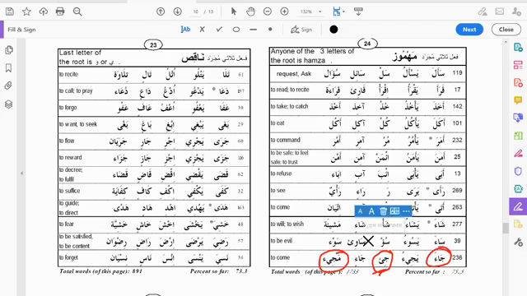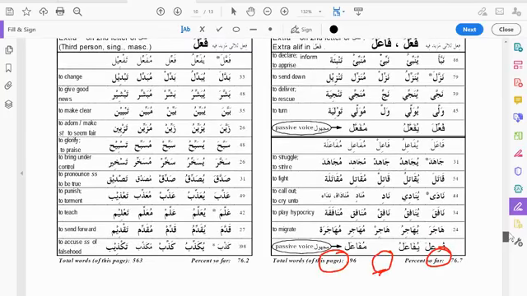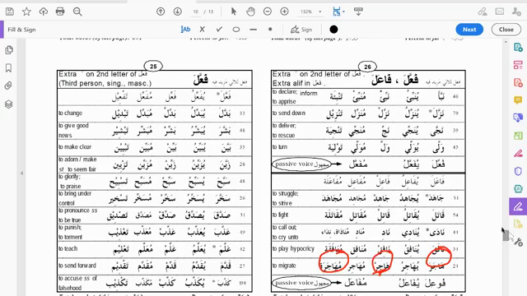All right. So let me just go to the other slide. Sorry about that, it doesn't want to scroll down. Here we go. Now we're going to go for another type of irregular verb, and that is fa''ala, with what is called a shadda. It's very important to mention that the shadda can have several meanings.